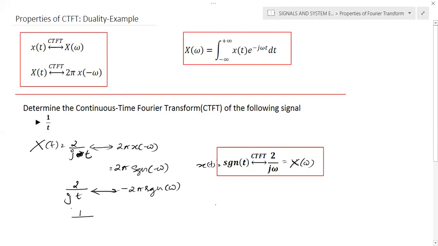You can write with the scalar multipliers. Now 2 will be cancelled and j will go to the right side. So you can write 1 by t is equal to minus j pi, it's signum of omega. And the continuous time Fourier transform of the signal 1 by t is equal to minus j pi signum of omega.